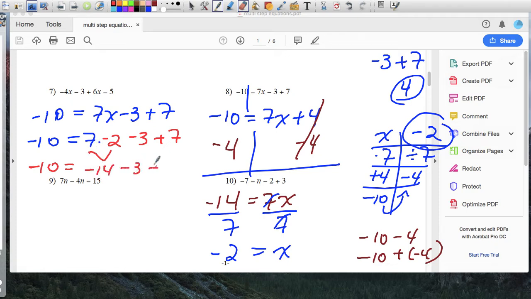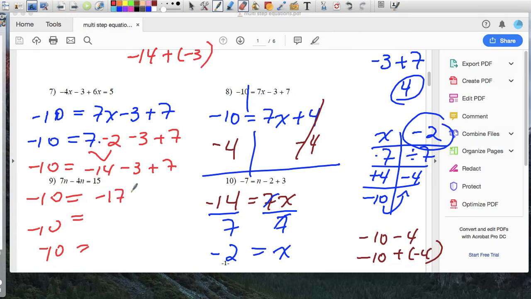And minus 3 plus 7. Notice that on the left there's not much to do. Negative 14 and negative 3 is the same thing as negative 14 plus negative 3. That gives us negative 17 plus 7, and negative 17 plus 7 is indeed negative 10. So I don't even need that extra line. Check, check. That's number 8.